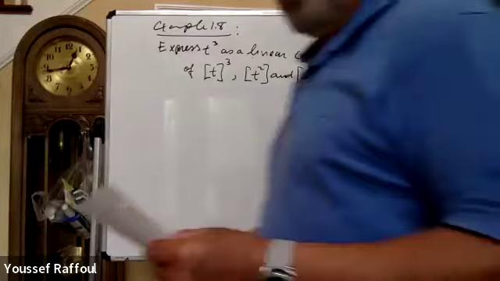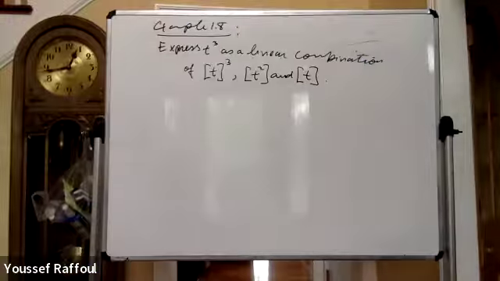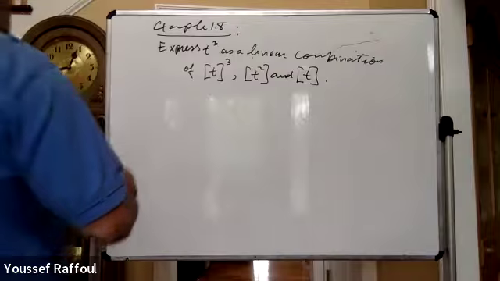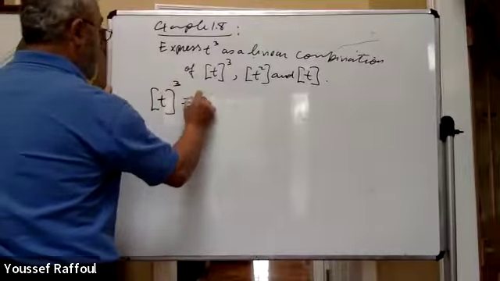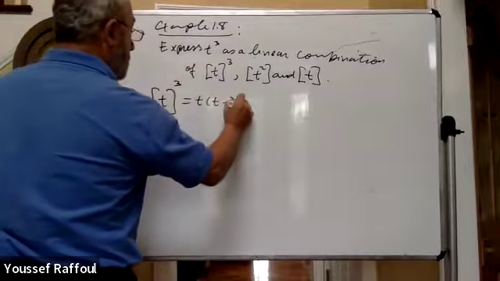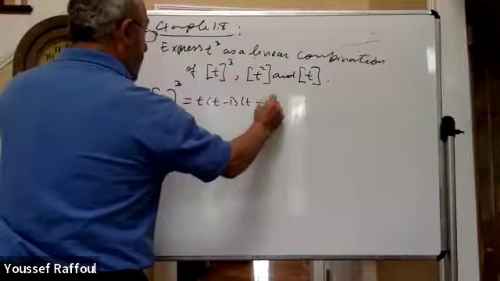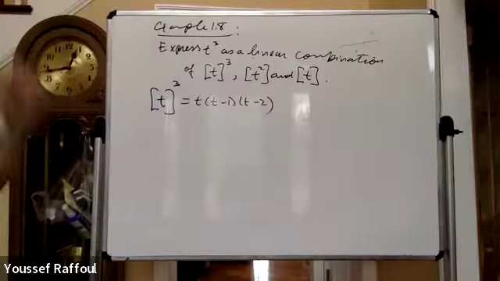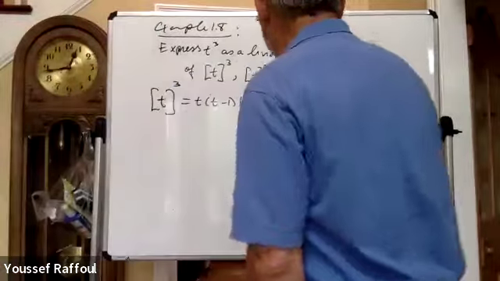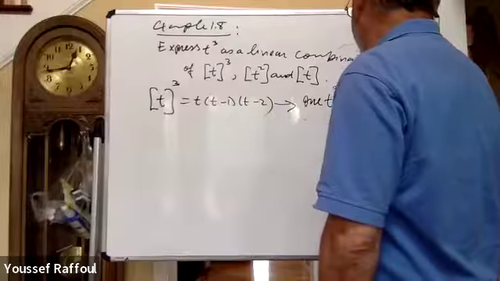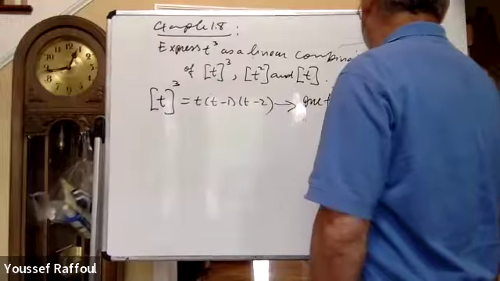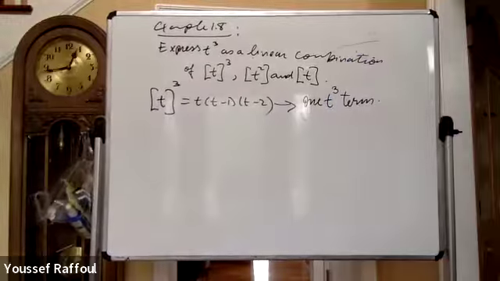So look, t cubed is t times t minus 1 times t minus 2, correct? So there is 1 t cubed term, correct? What do you think?